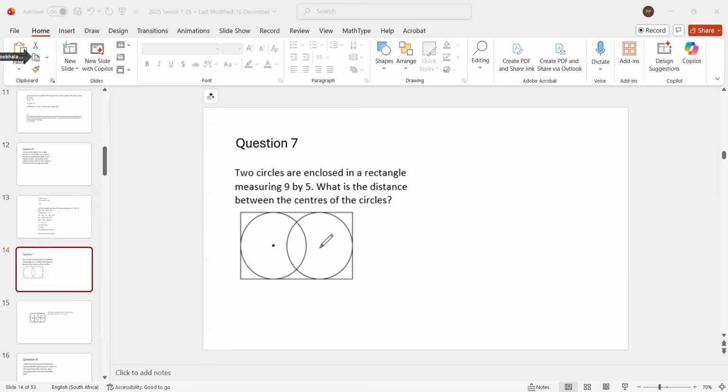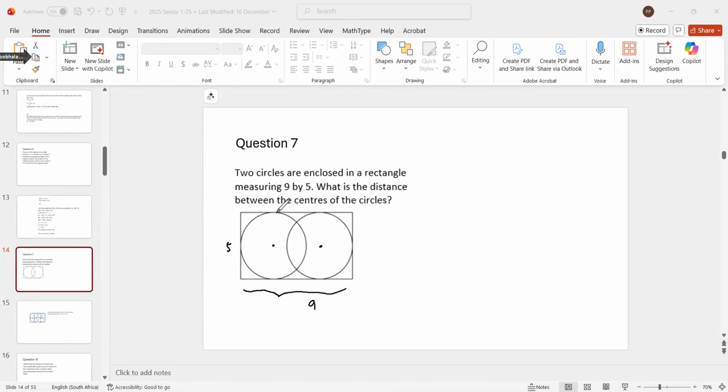So if you take this as a center, what is the distance between these two? Well, you can see that this is 9 by 5. So this is 5.